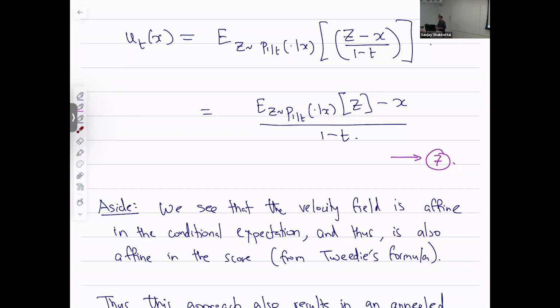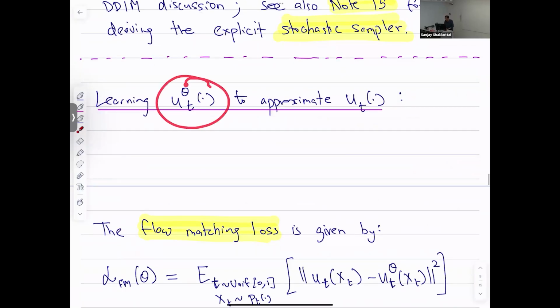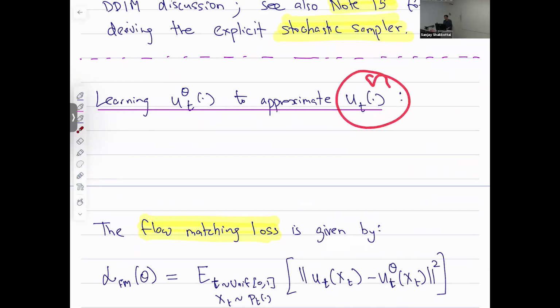Remember, what I need to do is to learn an unconditional velocity field, meaning u_t theta should approximate u_t. The whole problem was I didn't know this; I only had an expression for the conditional version. To do a loss function on these two, if we didn't have an expression, we couldn't do anything.